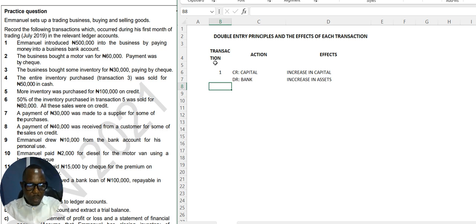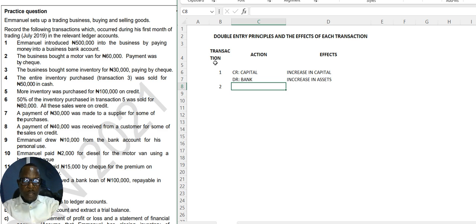All right. The next thing is transaction 2. The business bought a motor van for 60,000 naira. Payment was by check. Motor van, right? So what are you debiting? By check, you credit bank and you debit motor van.